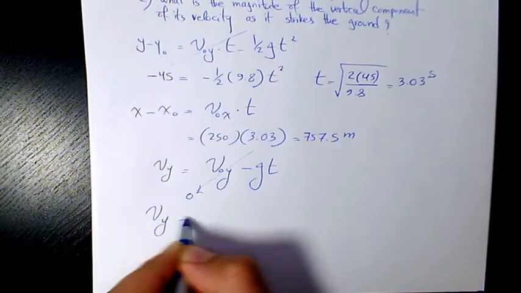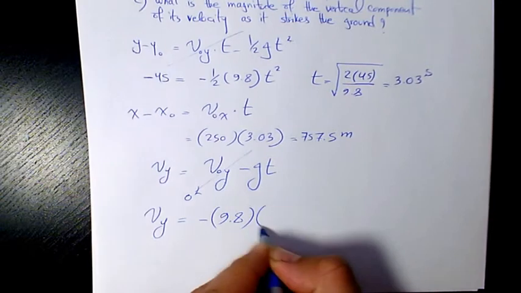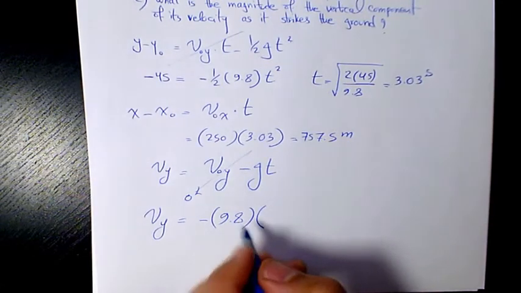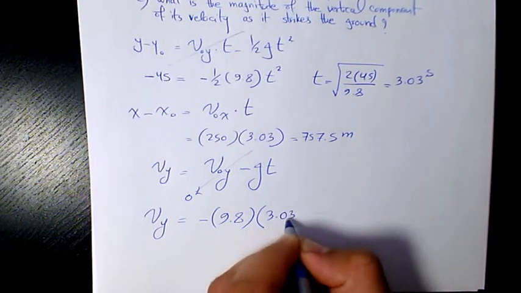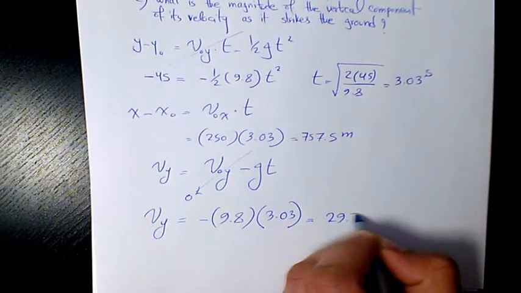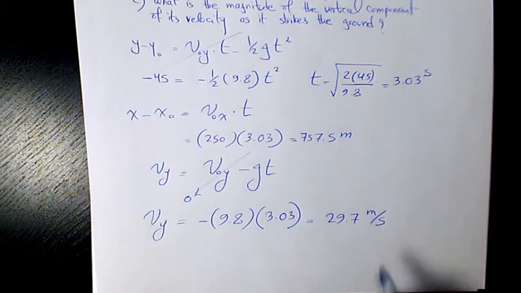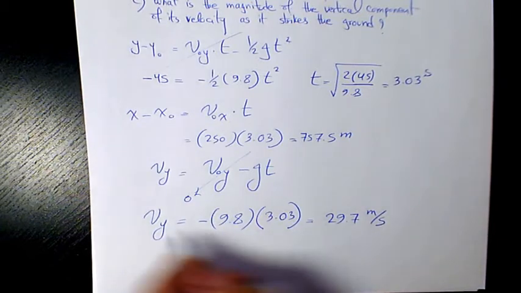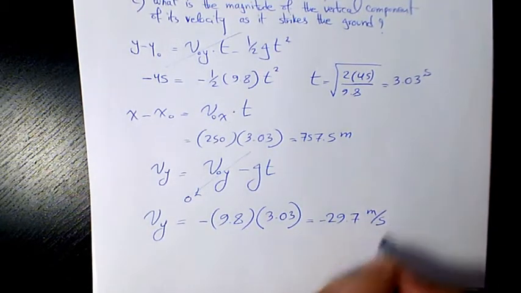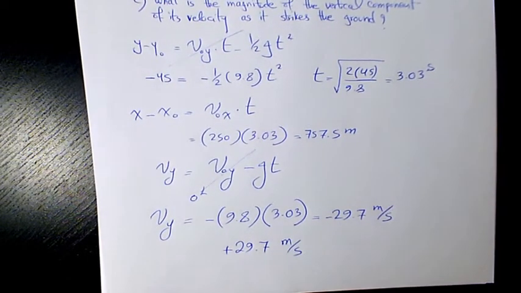So the final velocity in the y direction is going to be negative 9.8 times t, which is 3.03. That's going to be 29.7 meters per second, and it is going down. We need to find the magnitude, so we put it in the absolute function, which is positive 29.7 meters per second.